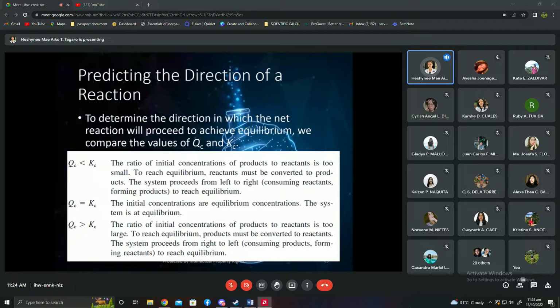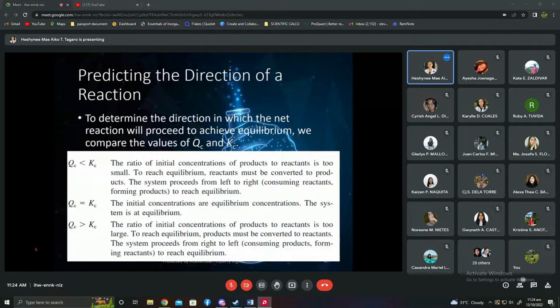So if the concentration of the product is greater, the concentration of our reactants is lower. That is why we need to convert some of the products to reactants to increase the concentration of our reactants.